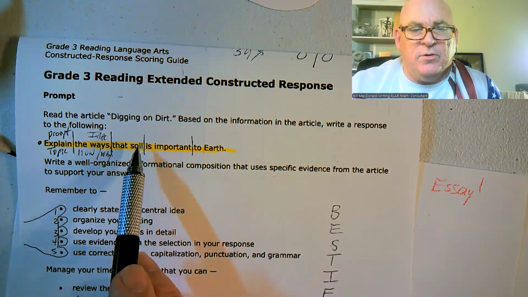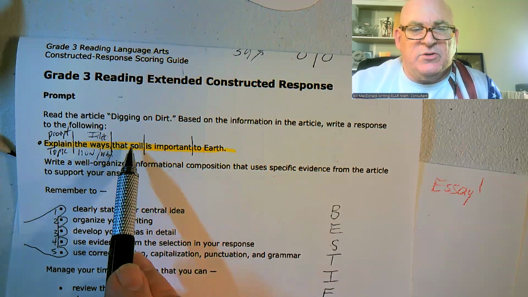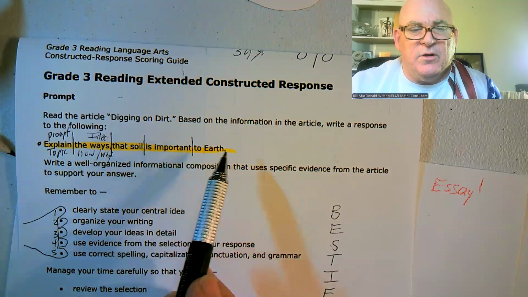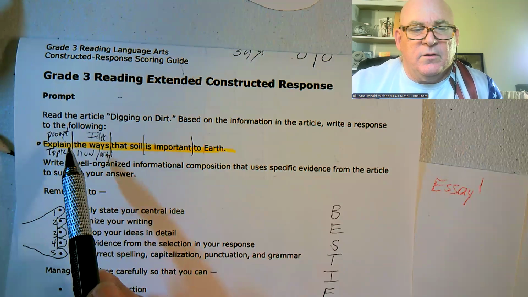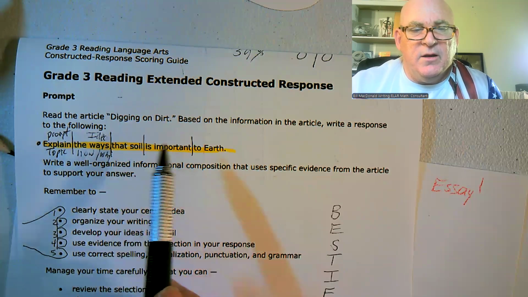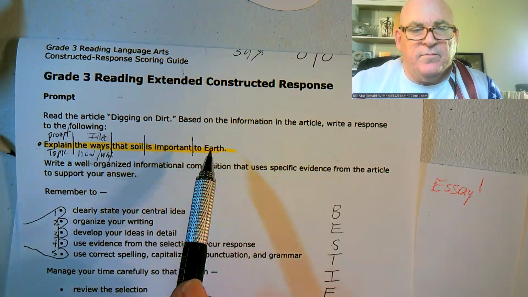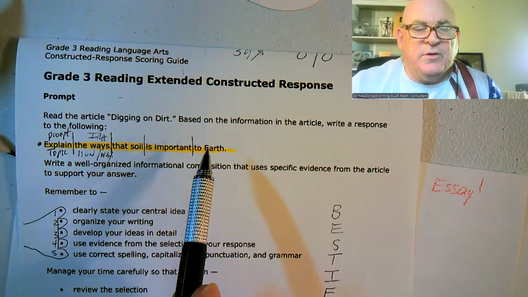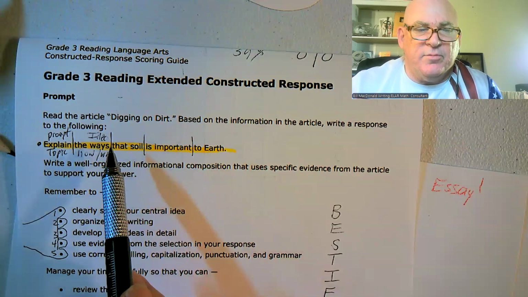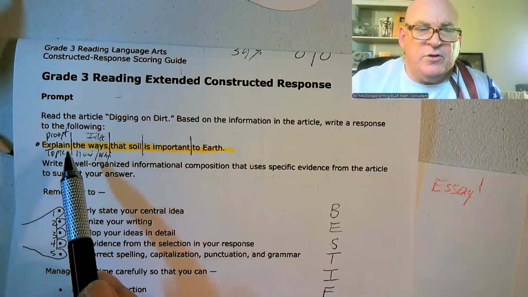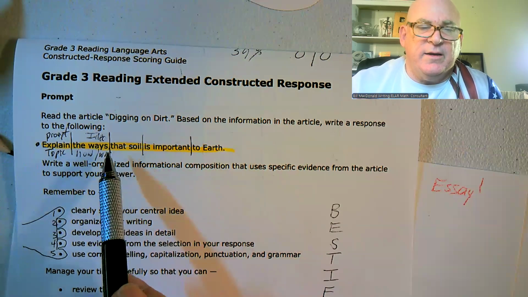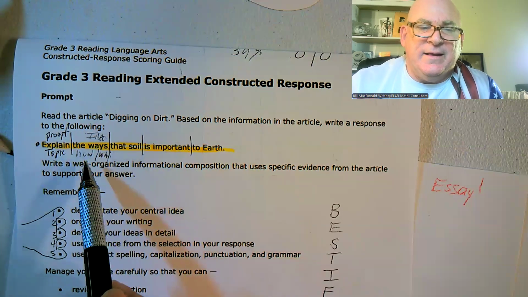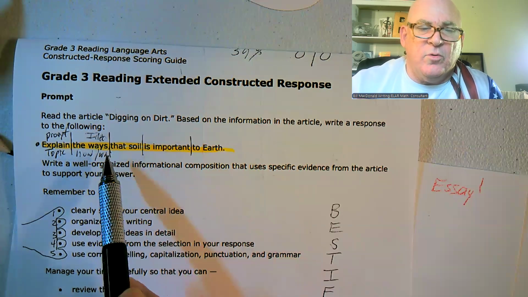The prompt keywords, the topic, that soil is important to the earth. So if all your students wrote "soil is very important to the earth," all they're doing is restating or rephrasing the prompt. Or if your students write "the soil is important to the earth in many ways," well, that doesn't tell me the how or the why.